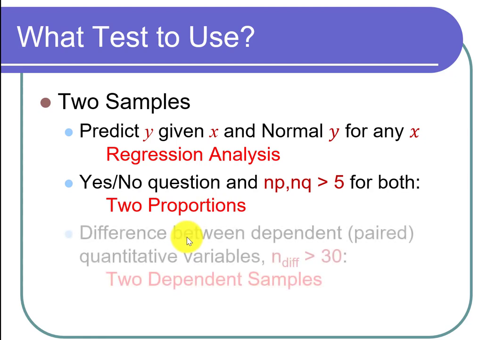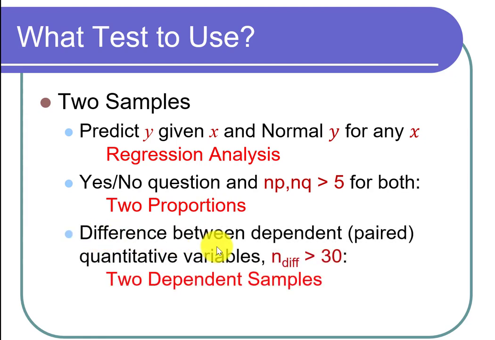On the other hand, if we have the difference between 2 dependent, often called paired, quantitative variables, and we also have to have the n diff, or the total sample size, so it's not how many people necessarily you sampled, but how many differences there are.